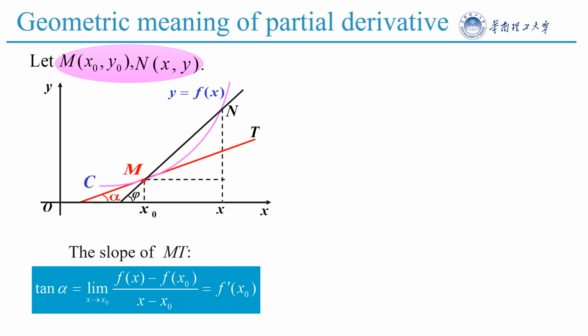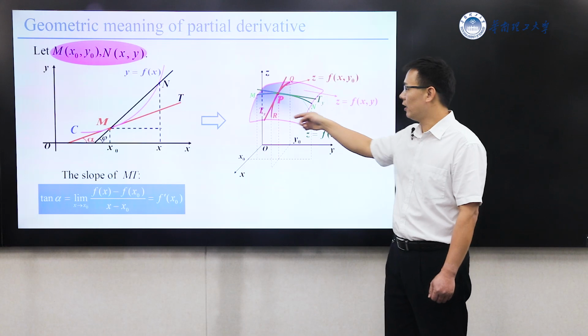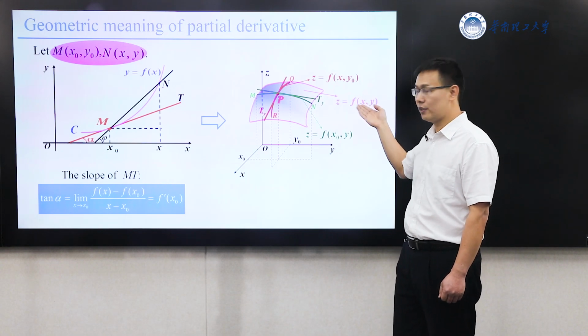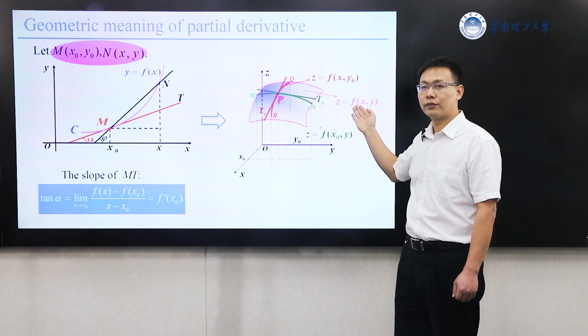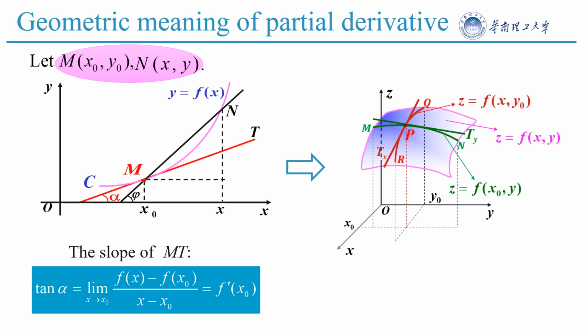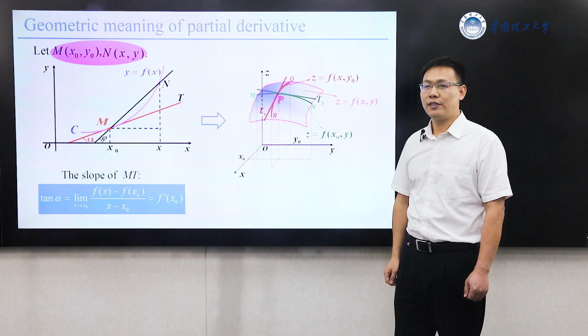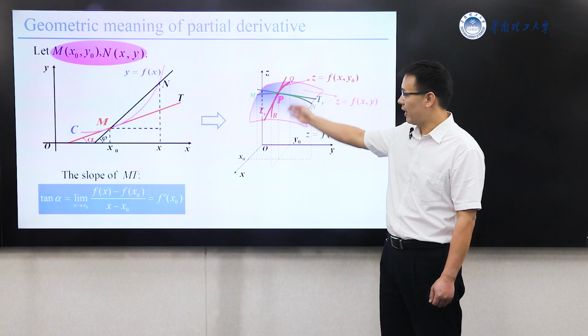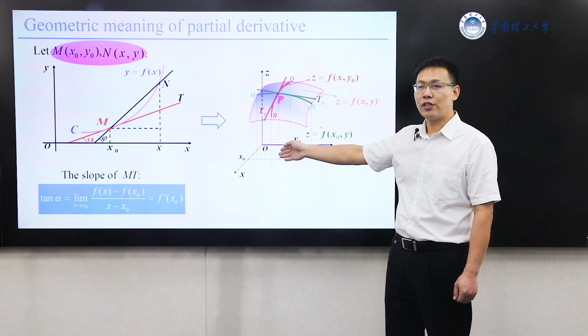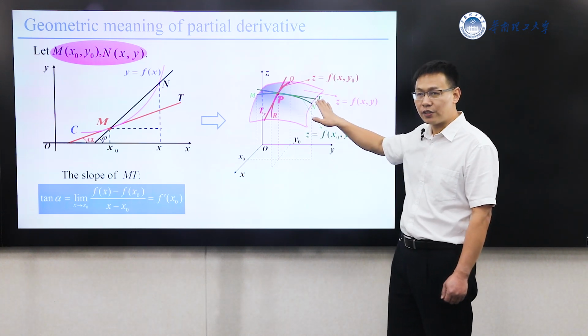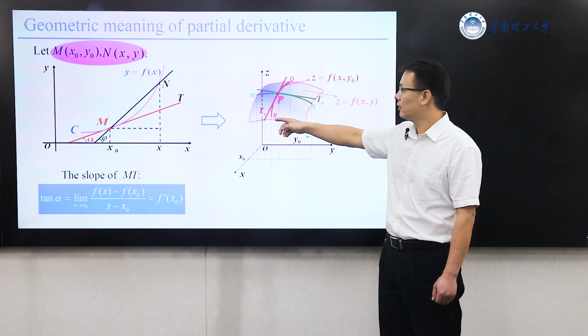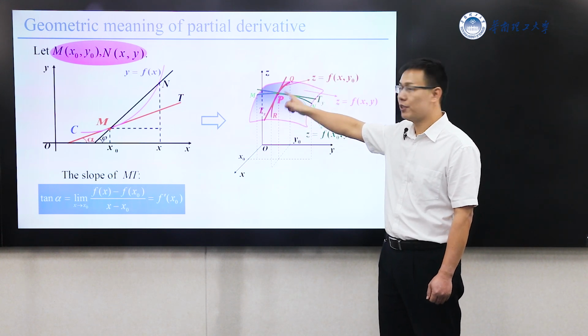Consider the surface whose equation is z equals f(x,y). This is the surface of this function. Fixing y equals y0 means that the plane intersects this surface in the plane curve RPQ.